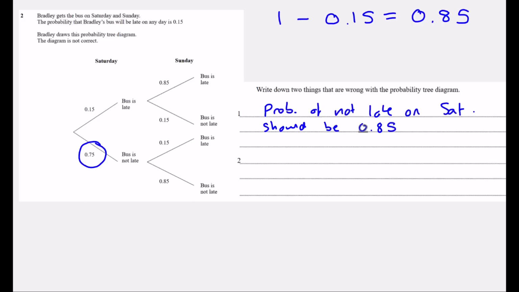And then we can see the probability of being late should be 0.15, and not late should be 0.85. So we've got 2 written the wrong way round.